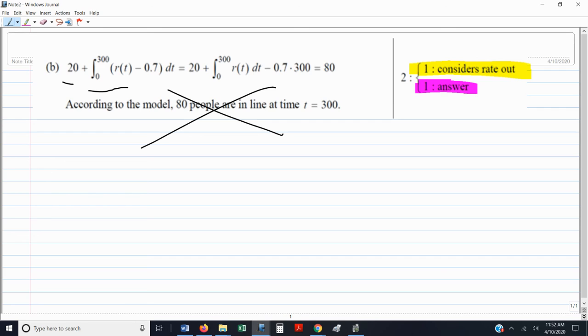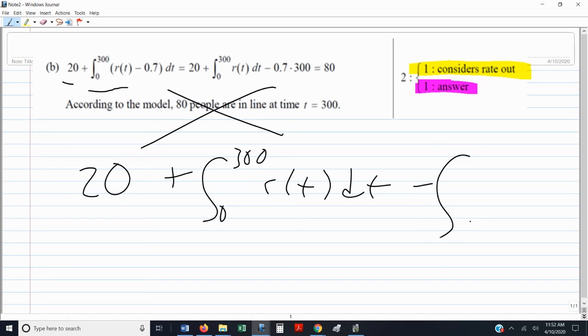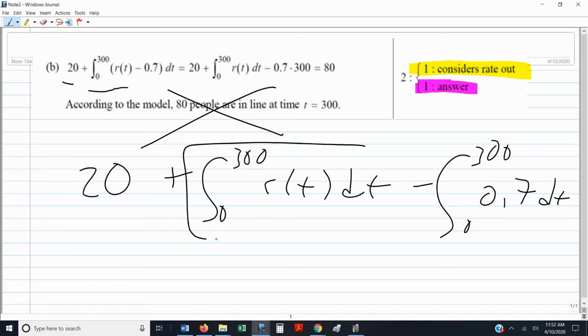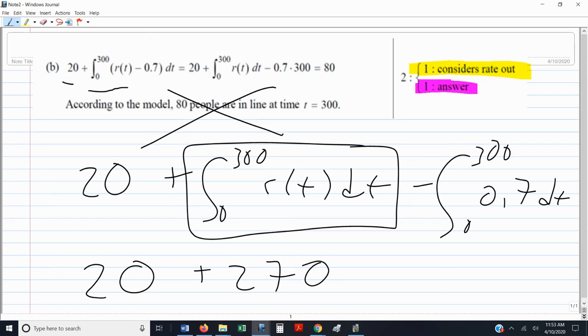The very last thing I wanted to say is if you watched part A of this, I'm going to write our expression that we were using. 0 to 300 r of t dt minus 0 to 300 0.7 dt. So if you watched part A of this question, part A was figuring this out. So you might have looked at part B and just automatically known from part A that that integral was going to be 270 and then went from there.